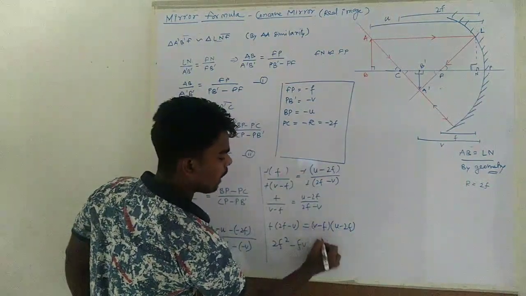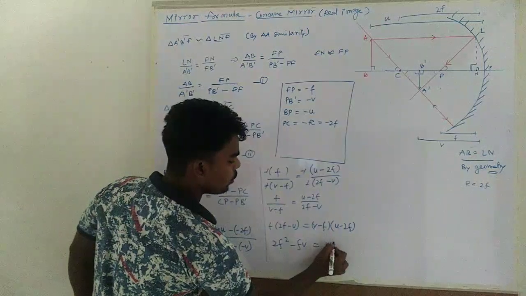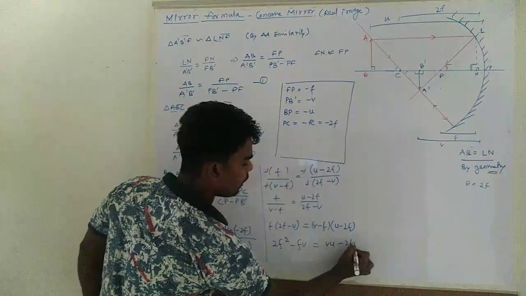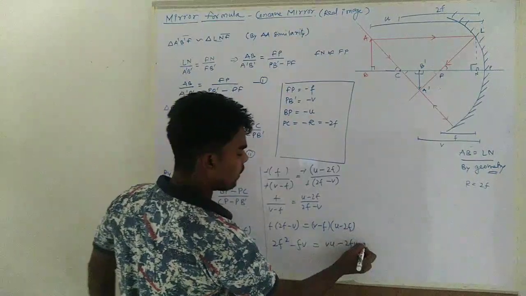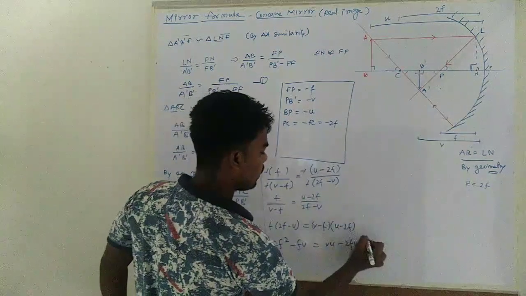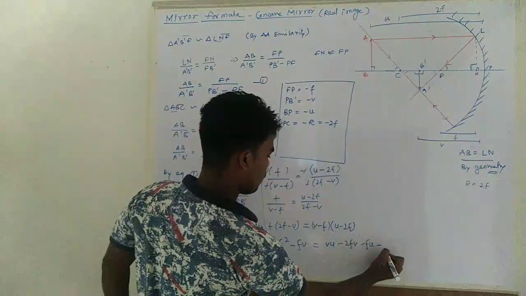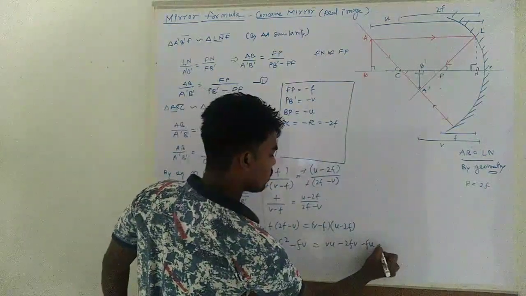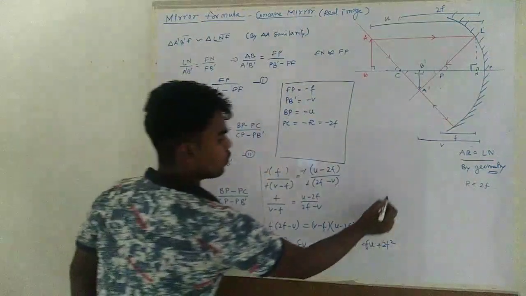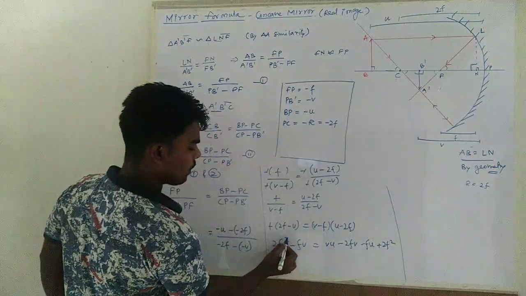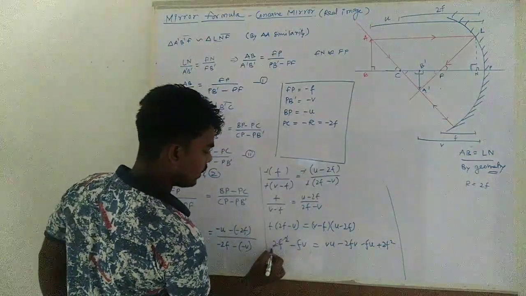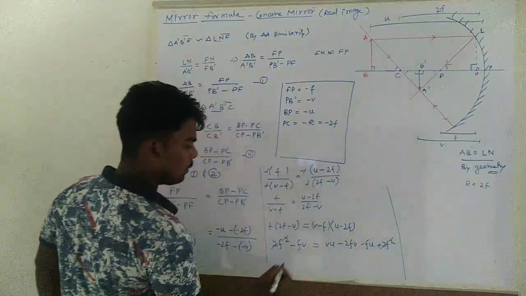First multiply V: VU minus 2FV. Then this multiplied here: minus FU and plus 2F square. Okay, so 2F square and 2F square will be cancelled.